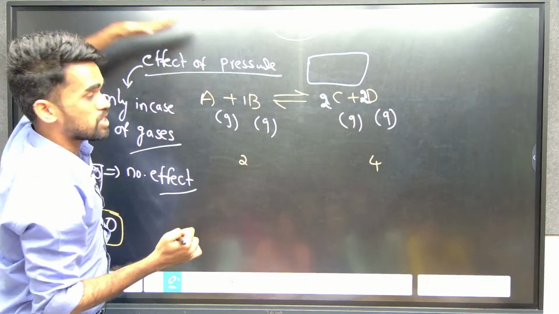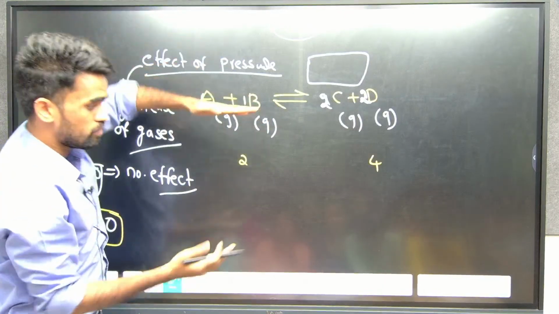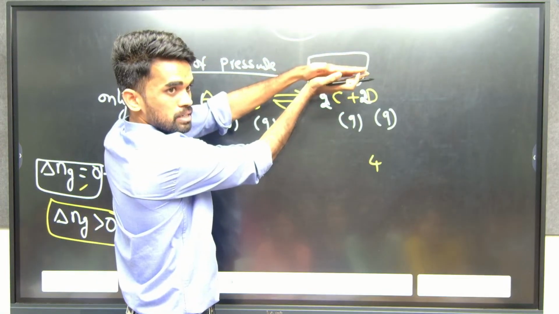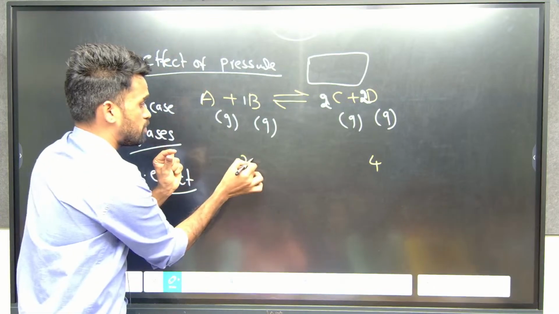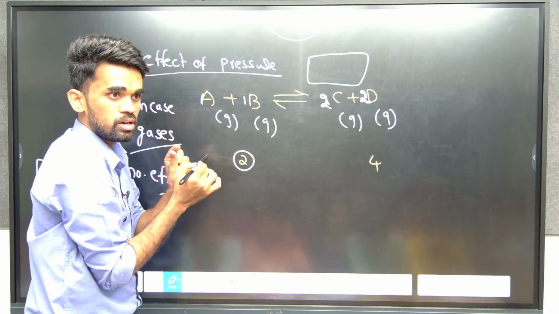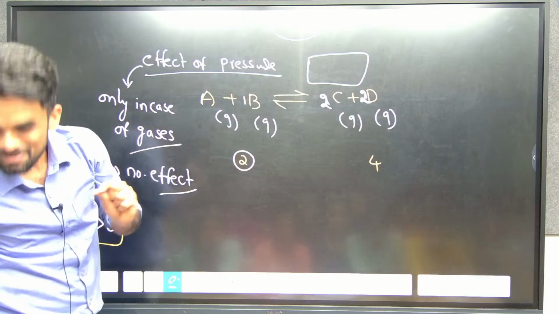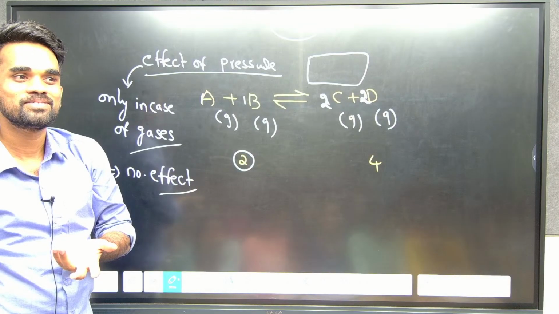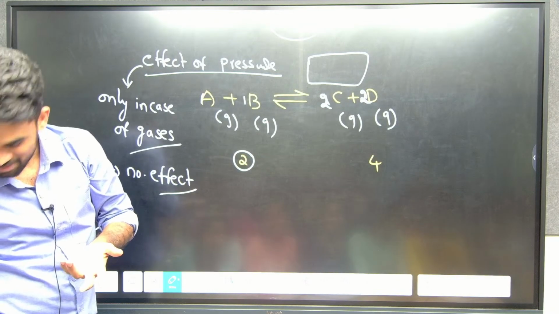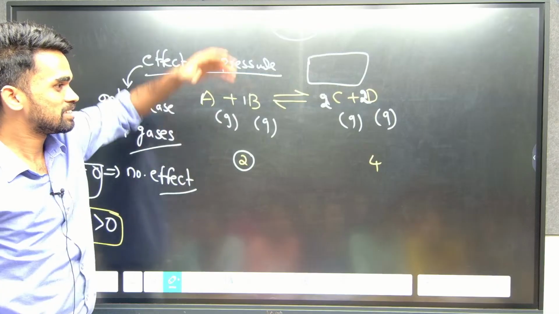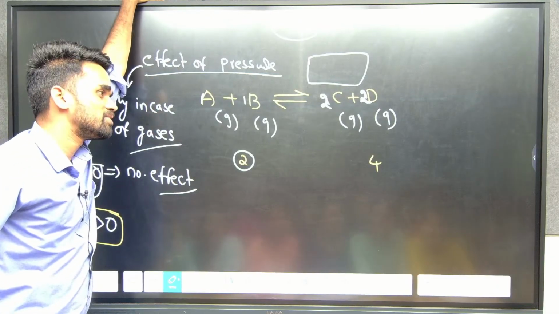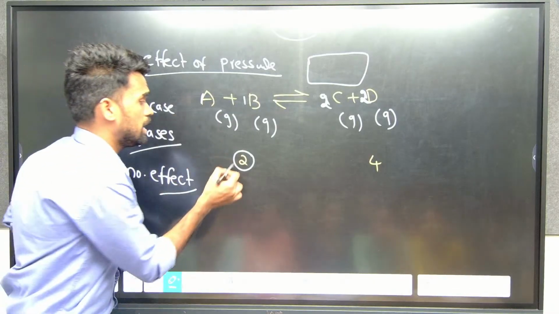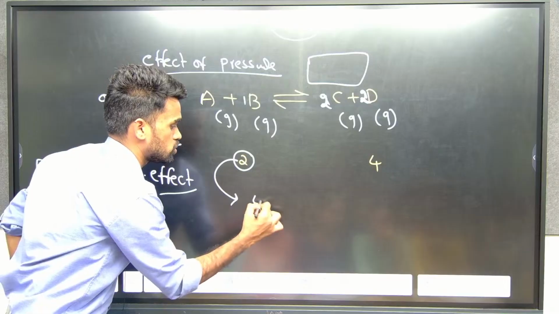Now you are applying pressure. What happens if you apply pressure on this container? Its volume is compressed. In unit volume, previously we had only 2; let us say they are doubling, so 4.